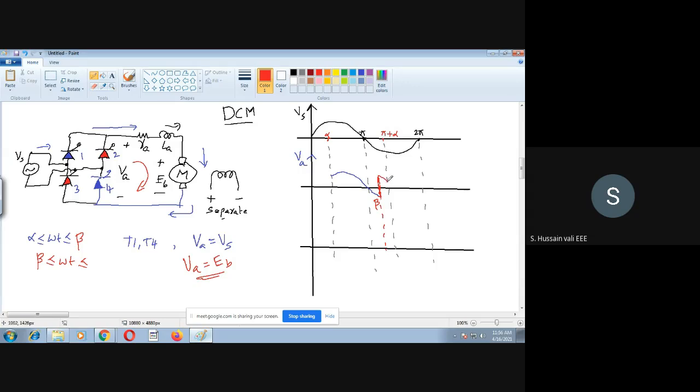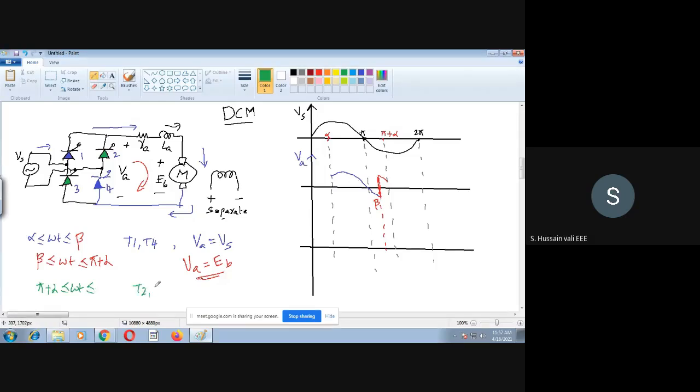This will continue till pi plus alpha, so I will end this here at pi plus alpha. At pi plus alpha, you trigger T2 and T4. Sorry, T2 and T3. When T2, T3 are triggered, it starts from pi plus alpha less than or equal to omega t, and we will mark the end later.